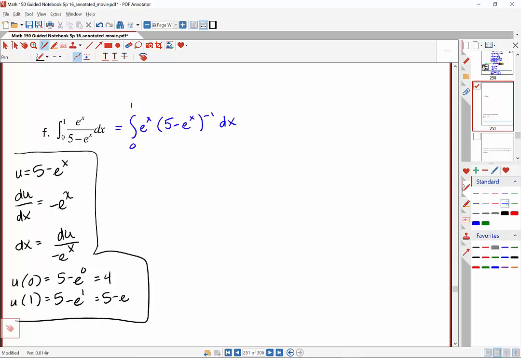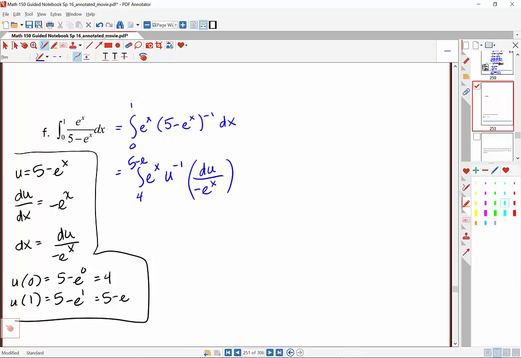Okay, so putting it all together, we will have the integral from 4 to 5 minus e of e to the x times u to the minus 1, and in for dx we have du over negative e to the x. And this was our u sub, and then we got our limits over here.